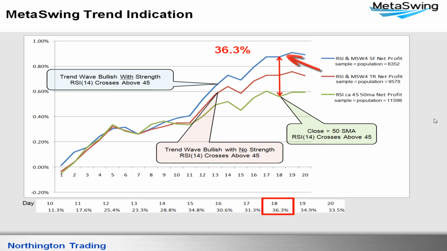The results are that using a trend wave with strength generates a 36.3% increase in performance. This was a statistically valid test across a market-neutral time period. Here at right, you can see the sample equals population sizes, 11,598 down to 6,352 for the trend with strength.